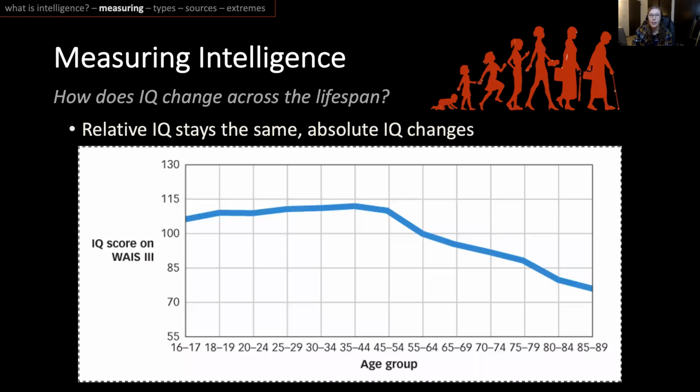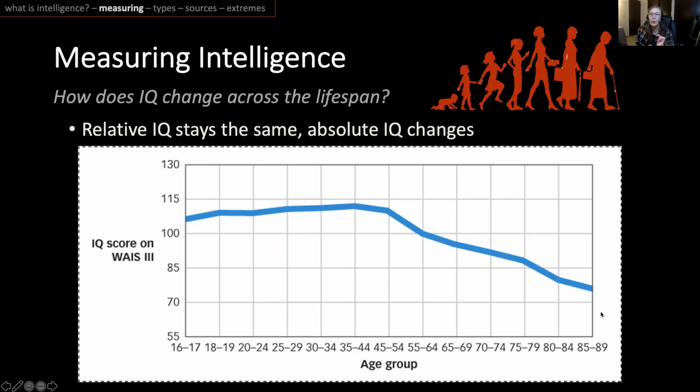This is a graph depicting age groups on the x-axis and their IQ score on the y-axis. You can see that younger individuals tend to be a little bit higher on IQ. But as you get older, your absolute IQ value might decrease a little bit.